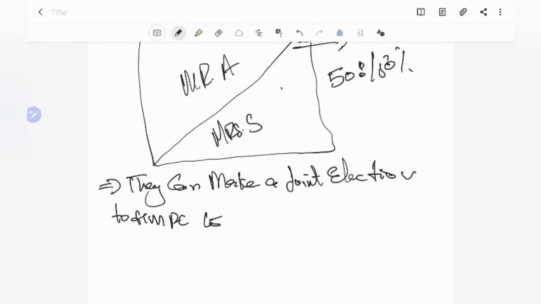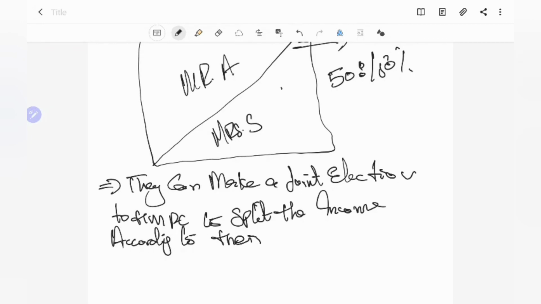to split the income according to their actual ownership shares.